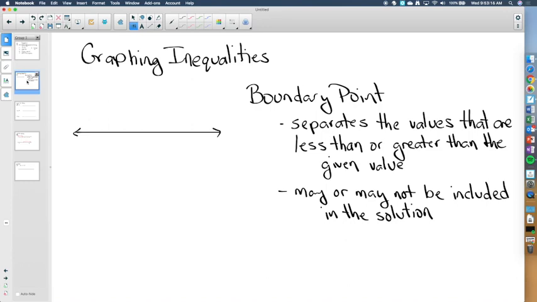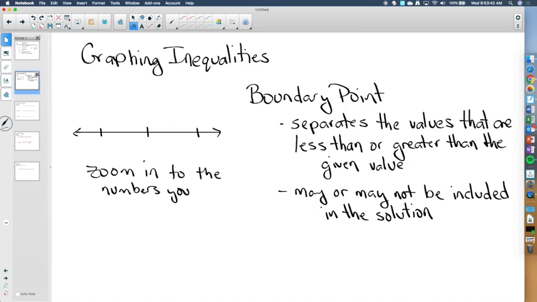As far as our graph goes, we're really just graphing things on a number line. Okay, so I'm going to have different numbers, and I'm allowed to just zoom in to whatever part of the number line that I need. We all know that the number line has our negatives on the left and 0 in the middle and all the positive numbers on the right.